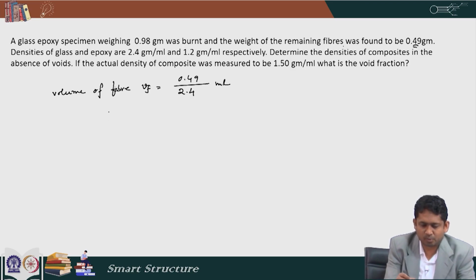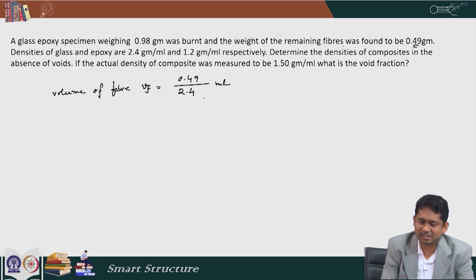Now, we know the total weight of that composite, which is 0.98 gram, and we know the volume of the fiber. So, if we multiply the volume of the fiber with the density of the fiber, that gives us the weight of the fiber, and that we already know.